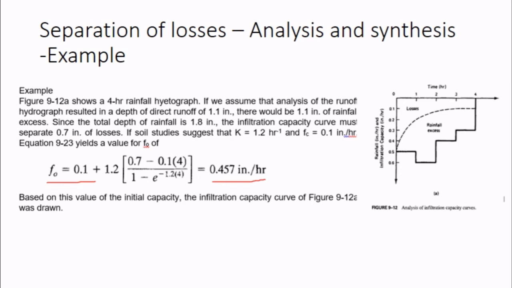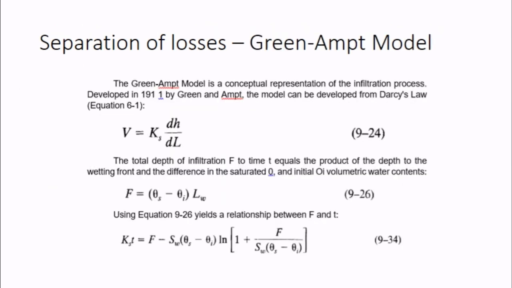Then tsaka siya hanggang doon. At time is equal to 4, or sa katapusan, ang magiging ordinate is around 0.1. Okay? Okay, so yun yung para sa infiltration capacity using Horton's model.